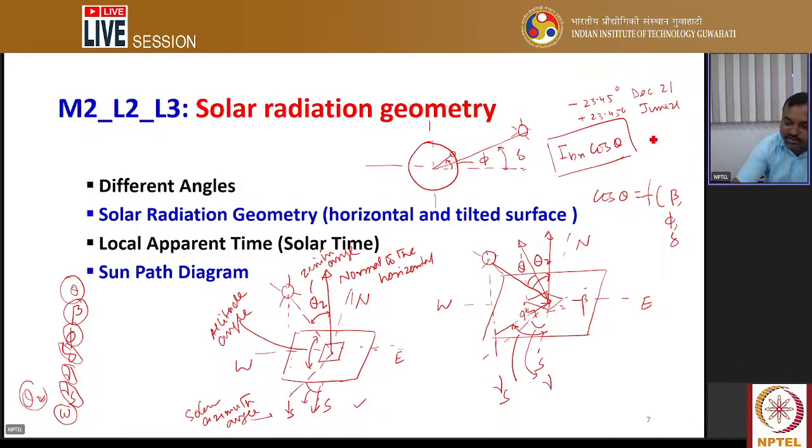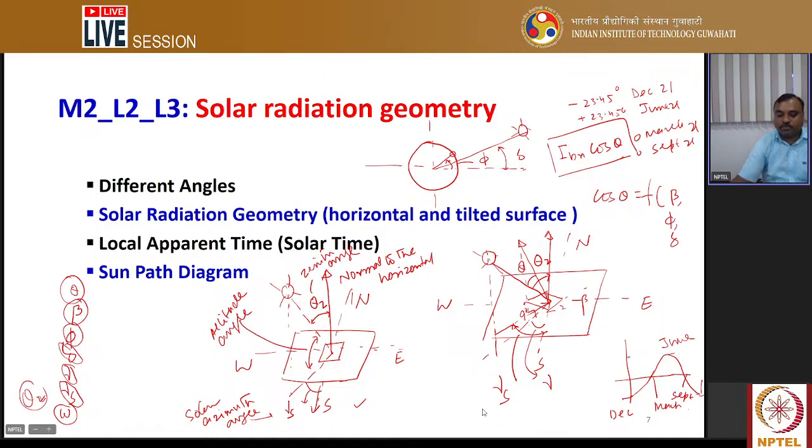And then on the equinox days, March 21 and September 21, it is 0, right? So we can make a variation of this. If it is minus 23, plus 23, then it is 0. And it goes something like this. So 0 is in March, and then September, equinox day, and this is December, and this is June.